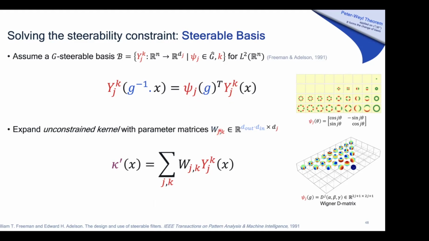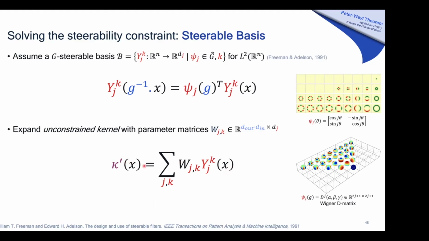So we use very generic weights because we don't parameterize a scalar function, but we parameterize a vector field. We don't need a single weight for each basis element, but we need a vector of them. That's why we have this matrix for each steerable basis vector, which has a few components. We have a number of rows for each output channel.